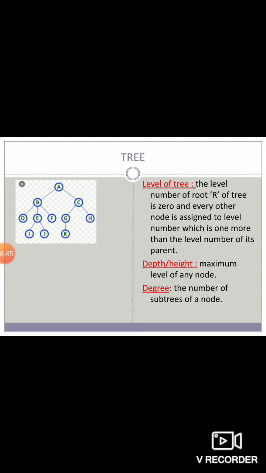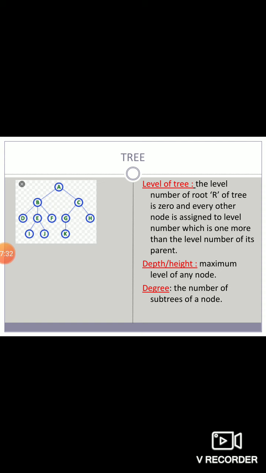For this diagram, A is the root, so its level is 0, compulsorily. The next level consists of its two children, B and C, both at the same level, which is plus 1 of their parent, so level 1. For D, E, F, and the children of G and H, the level is 2, and it always increments by 1 for each further level.